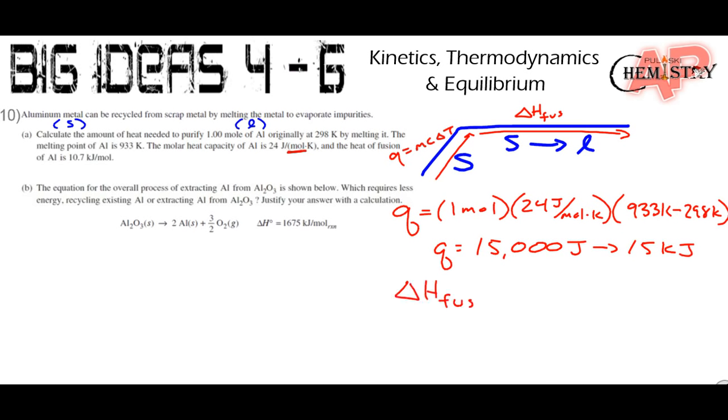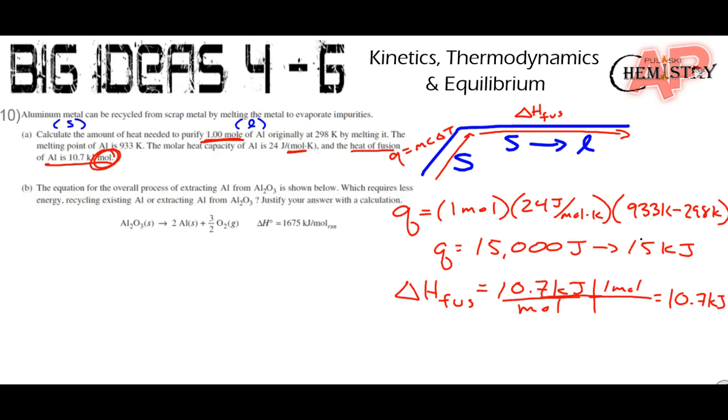All right, my heat of fusion, which is my phase change, says that the heat of fusion is 10.7 kilojoules per mole. Well, I have 1 mole, so I wouldn't have to do anything. I just want to show something about this: if this was per mole and you had a certain amount of grams, or you had half a mole, then you'd have to multiply it. But I have 1 mole already, so that's going to be 10.7 kilojoules.